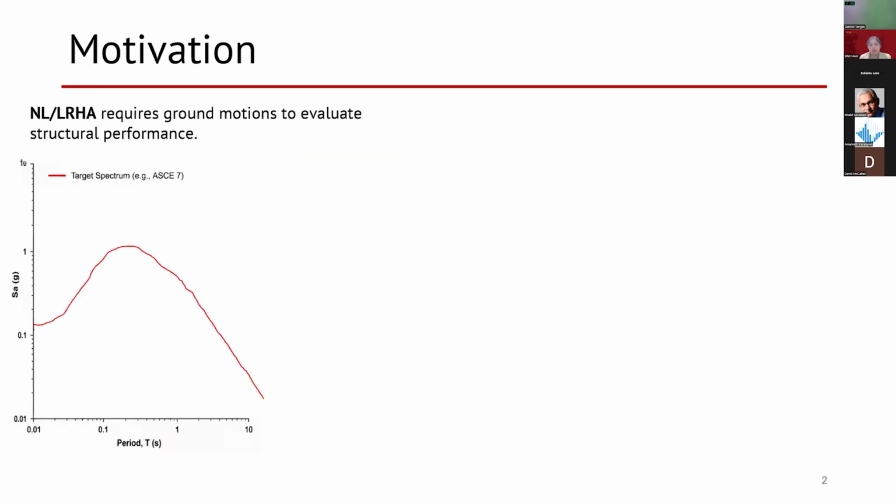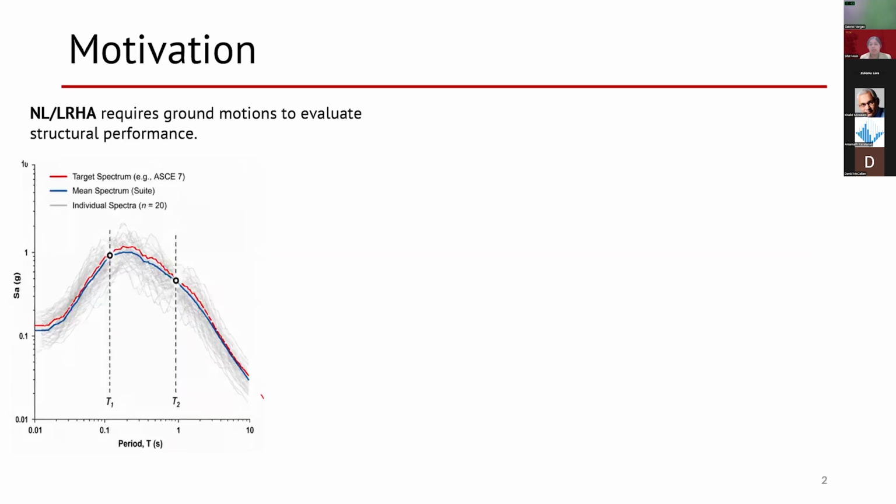And we have been saying from the morning that people do refer to how we can utilize them in design. So just to show, in current practice, usually there is a target spectrum. It could be a design spectrum or MCE level spectrum. Then we go to recorded databases like NGA-West2 or KiK-net or something similar, where we find ground motions and then we either scale them or spectrally match them at different periods or range of periods to find a suitable ground motion suite.